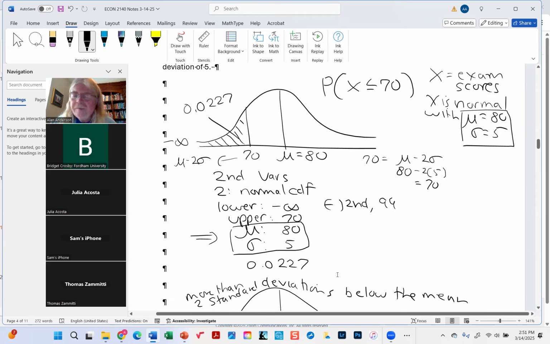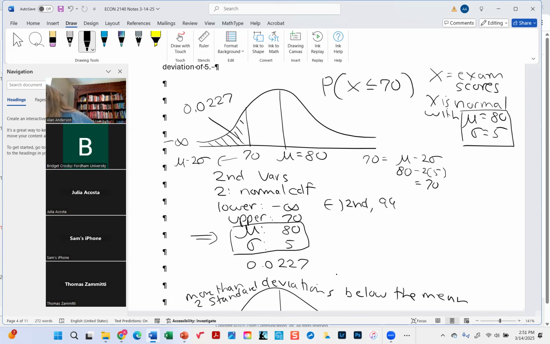And a quick reminder, up in the top here, I've pointed out that because the mean is 80 and the standard deviation is 5, 70 represents being 2 standard deviations below the mean.